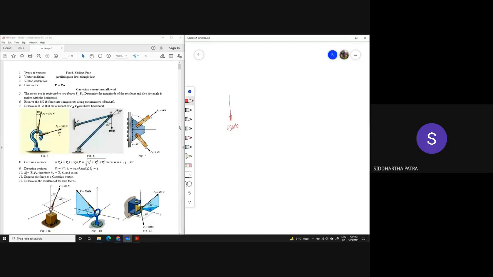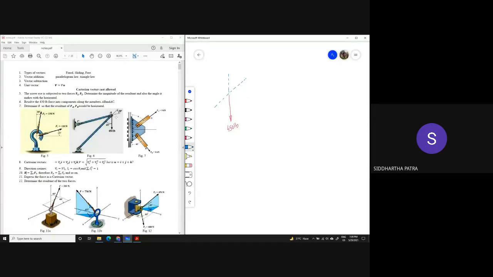So let's draw that direction. This is the vertical direction, and something is making an angle of 45 degree. So there goes one of your vectors.